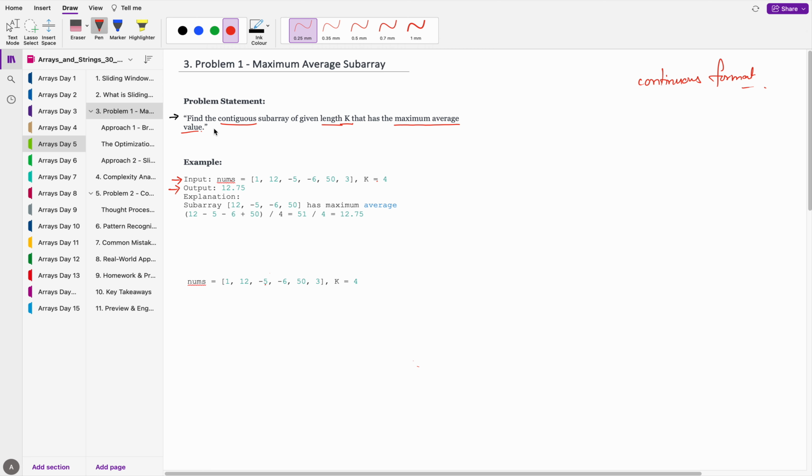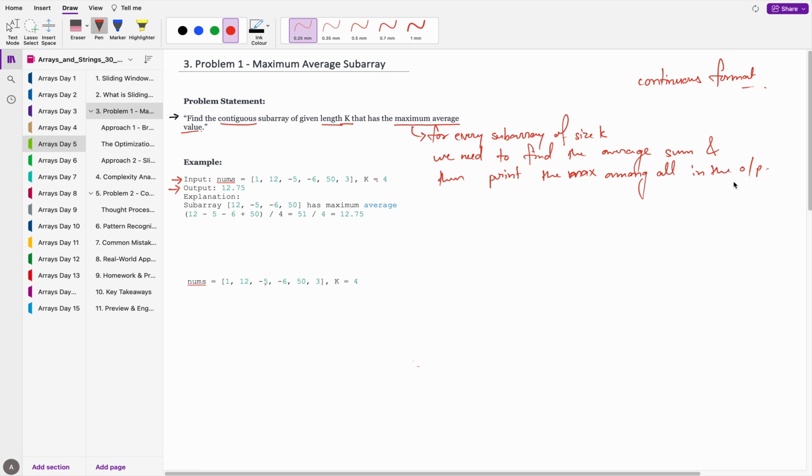Means that for every subarray of size k, we need to find the average sum and then print the maximum among all in the output.